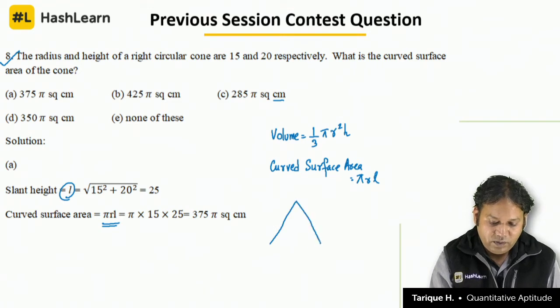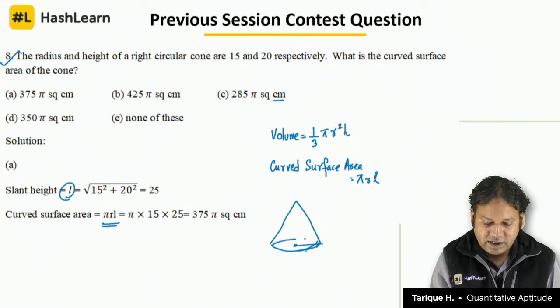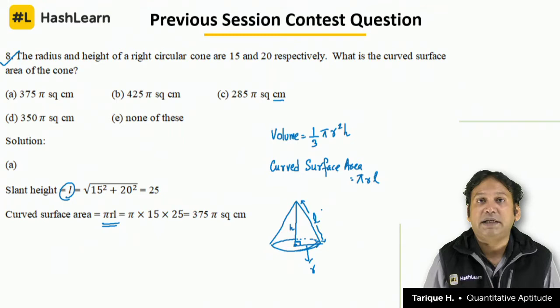When you make a cone, a right circular cone has a circular cross section. We have the radius given to you, this is the radius, and this is the height of the cone. The angle here is 90 degrees, and this inclined height is what is called the slant height.